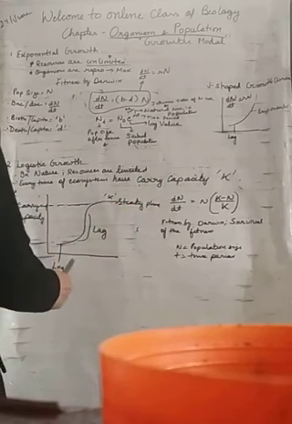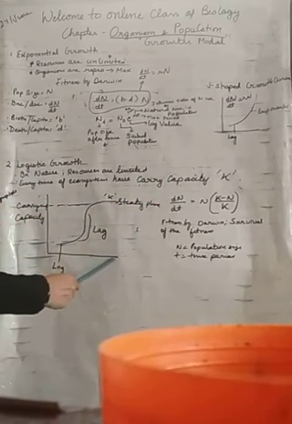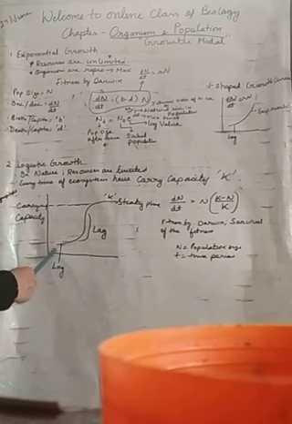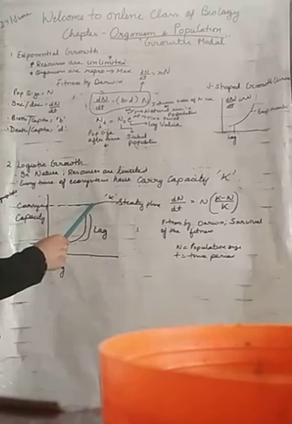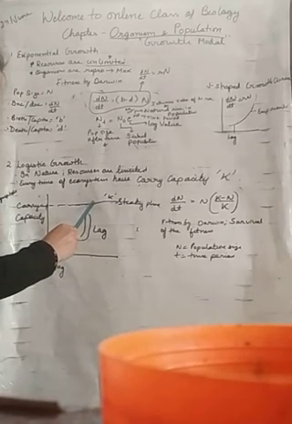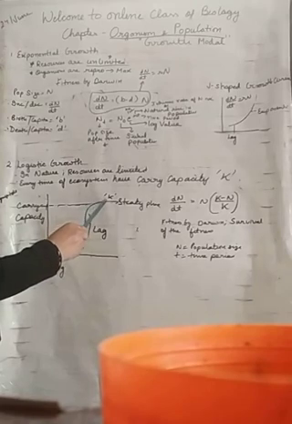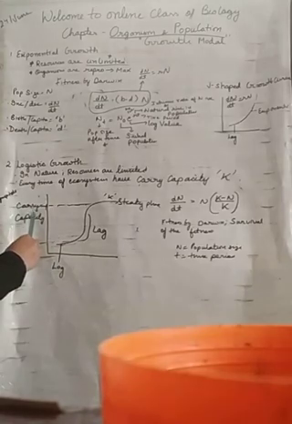What does it mean? Dear students, suppose this is your graph. Here first your lag phase is there. Here animals or any organism try to adapt. Then suddenly they will increase, and when resources become limited, their population becomes steady. Means birth rate and death rate are equal, and this steady phase is known as carrying capacity.